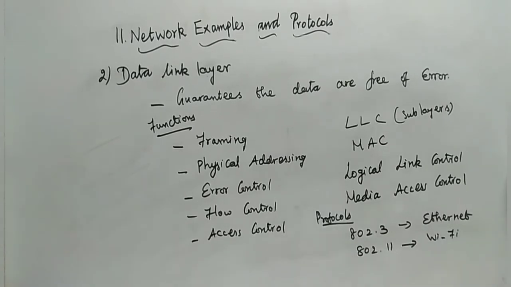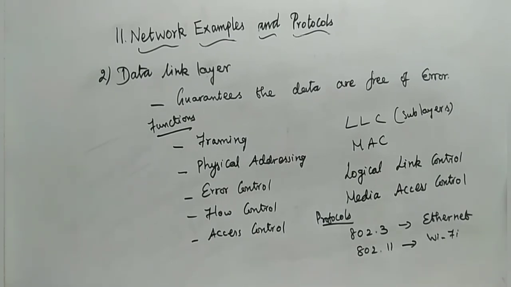So while you are using an Ethernet connection, the protocol that is used is 802.3, and when you are using a Wi-Fi connection, the protocol that is automatically used is 802.11. So these are the protocols that are used in the data link layer.